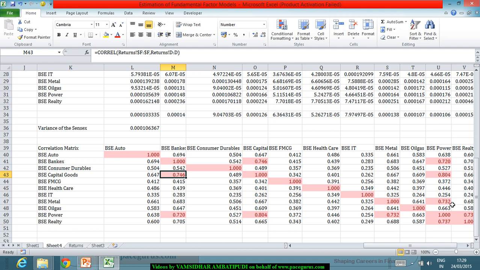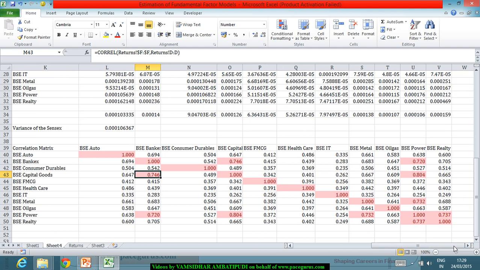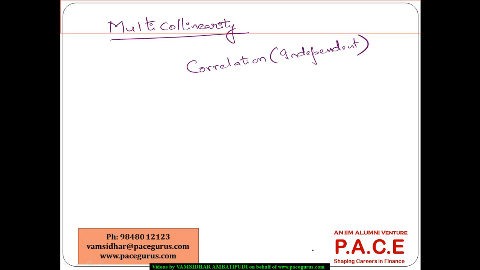So like this, I see metals are very heavily correlated with power. So some indices are very heavily correlated among themselves. So this is what I term as the multicollinearity.